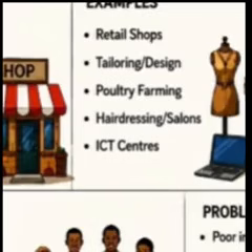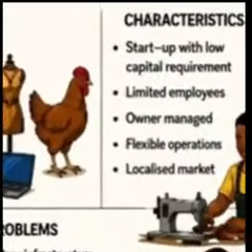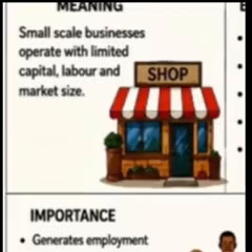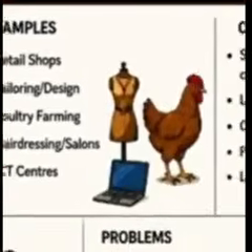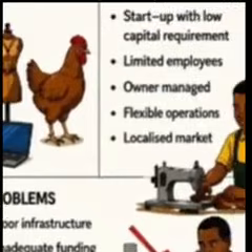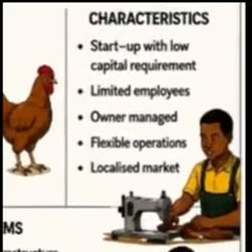Small scale business enterprises in Nigeria. Small scale business operate with limited capital, labor, and market size. What are their examples? Retail shops, tailoring and fashion design shops, poultry farming, hairdressing and salon, ICT centers.